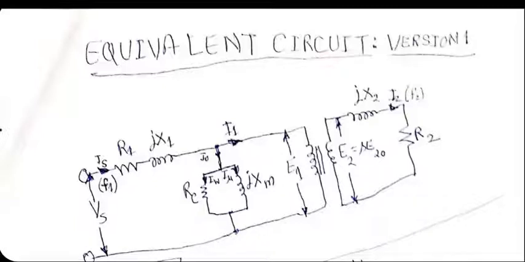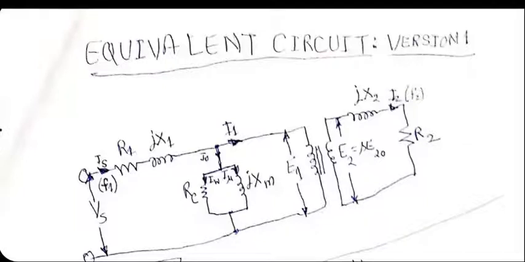Also, the frequency in the rotor circuit is different from the frequency in the stator circuit. F1 on the stator side, F2 on the rotor side. The relationship between F2 and F1 is very simple. F2 is the relative value of slip multiplied by F1.